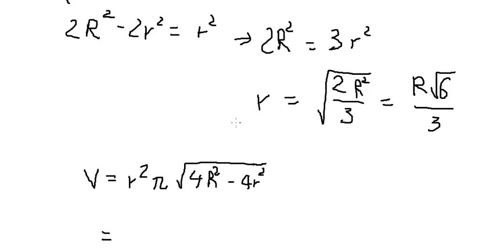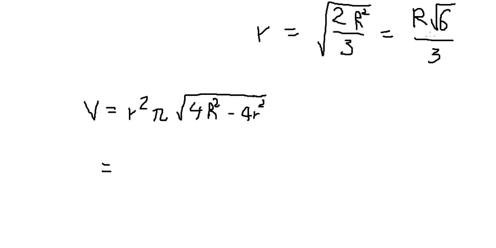So we put this one in here and this one in here. You will get the maximum, that's 4 capital R to the power of 3 square root of number 3, and we have pi in here over 9.